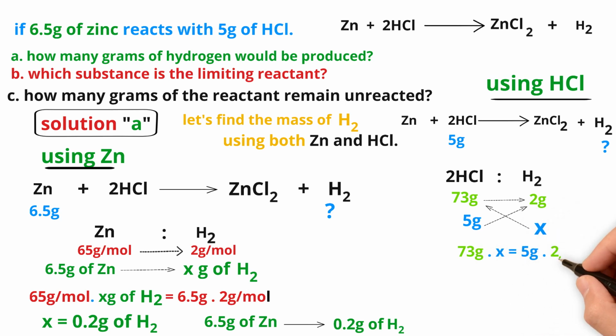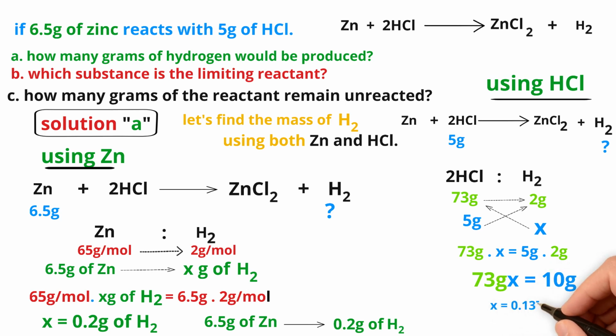Now to answer this, let us cross multiply. 73 gram into x is equal to 5 gram into 2 gram. After calculation, we have x equal to 0.137 gram of hydrogen molecule. 5 gram of HCl produce only 0.137 gram of hydrogen molecule.